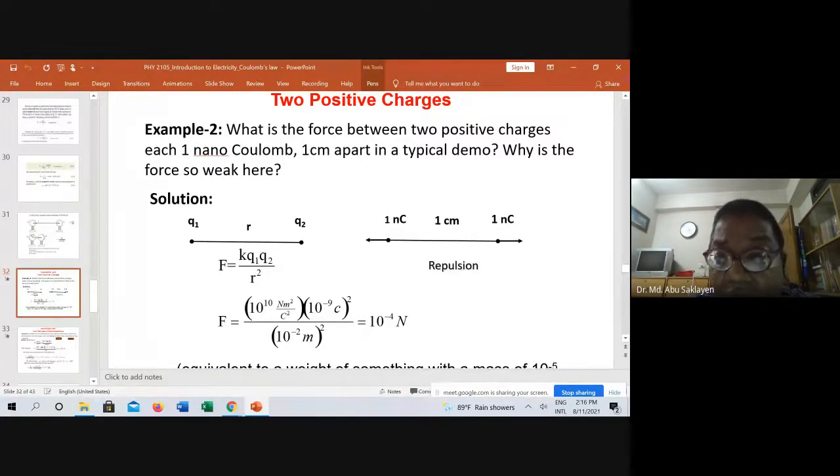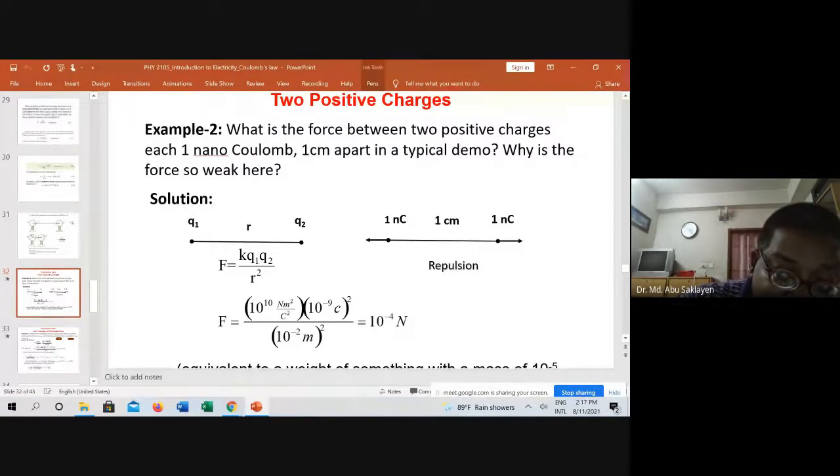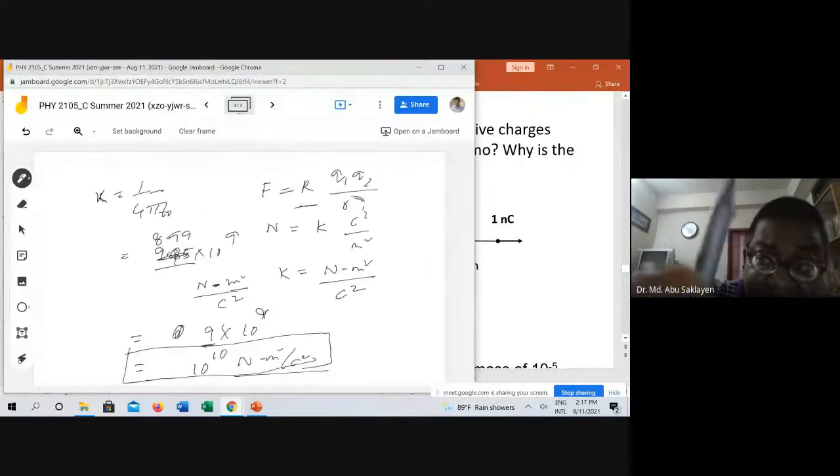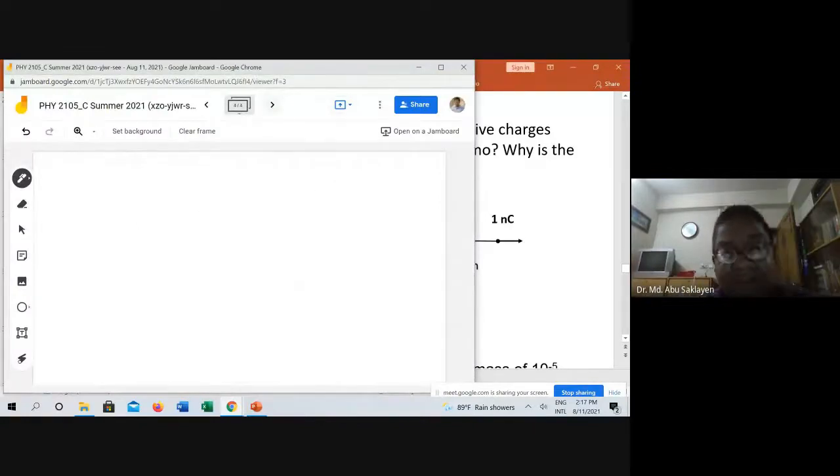So how to solve a problem related to Coulomb's law? That means the force between two charges, and force is a vector, right?